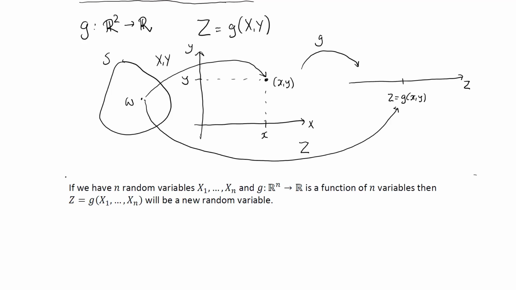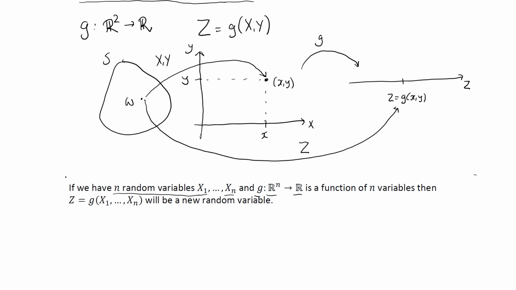So the general idea is that if I have n random variables named X1 through Xn, each of them is a function from S to R. Combined, they are a function from S to Rn. That's the domain of a function g. It takes a point in Rn and maps it to R.